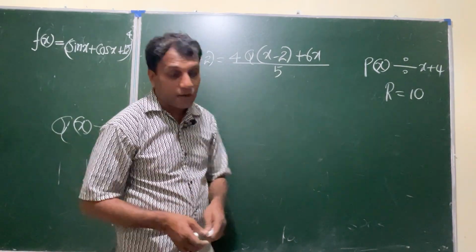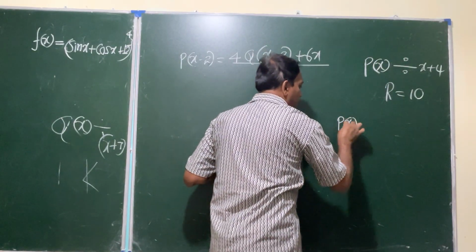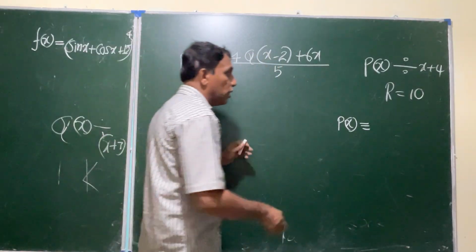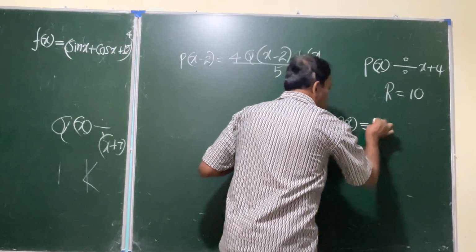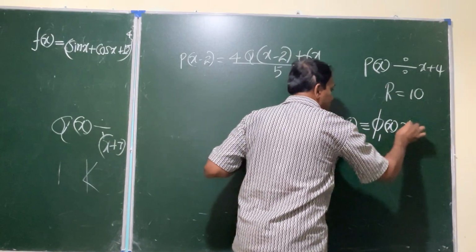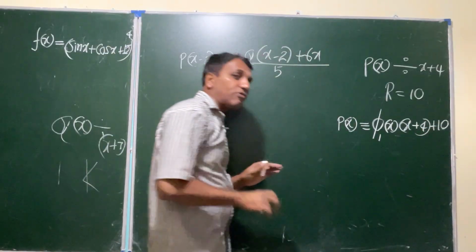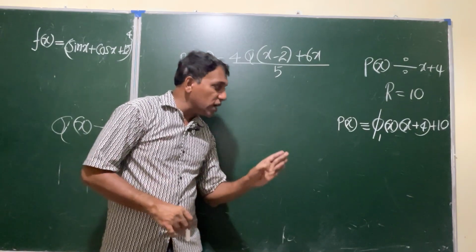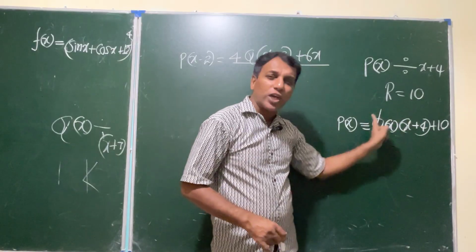Any division can be shown like this: the polynomial equals the quotient into the divisor plus the balance.